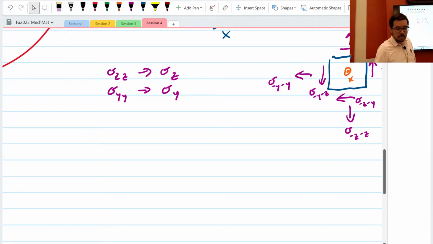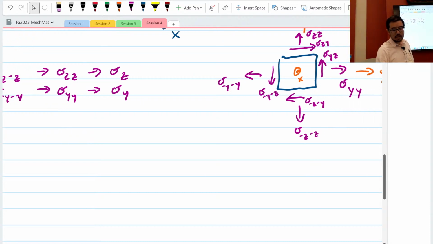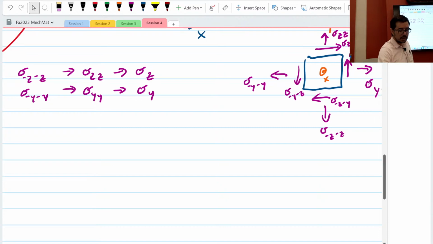So these are what we do here, and we even go further, and we'll say that sigma minus z can be written as sigma z. We'll even go further, and we'll say that sigma minus y can be written as sigma y. Okay, and then there are these other terms, sigma yz, sigma zy.